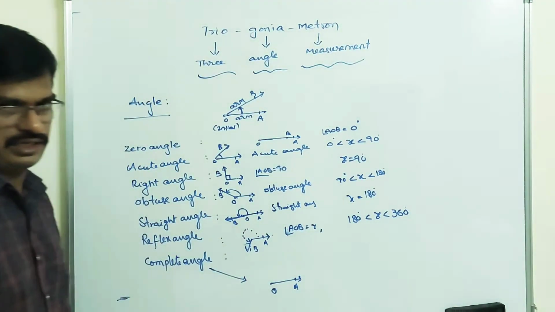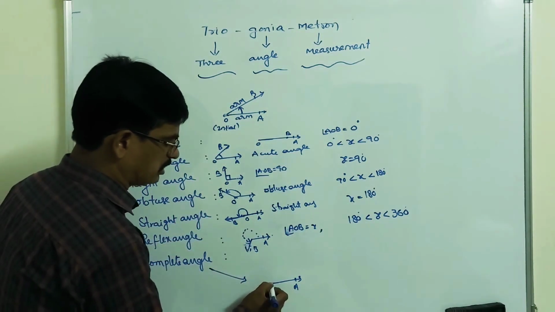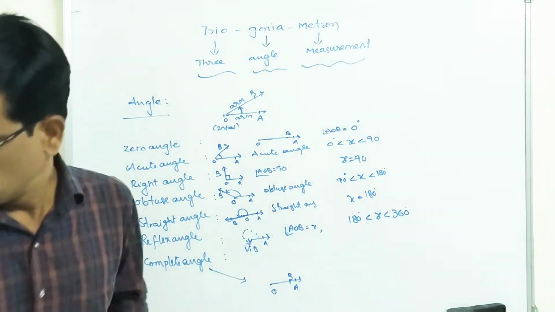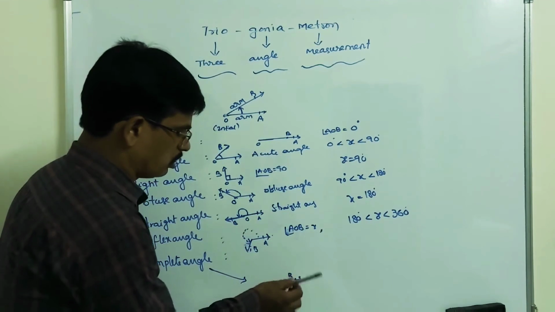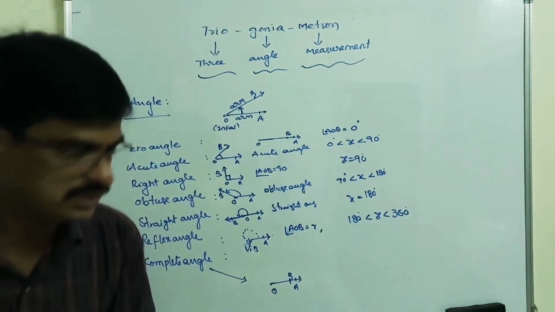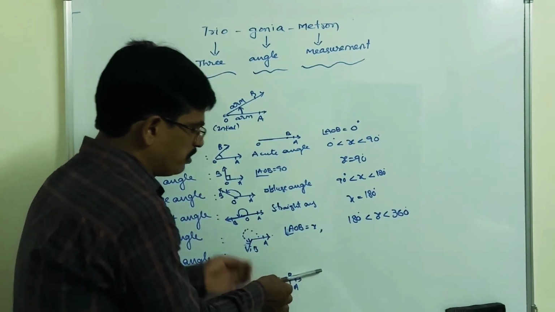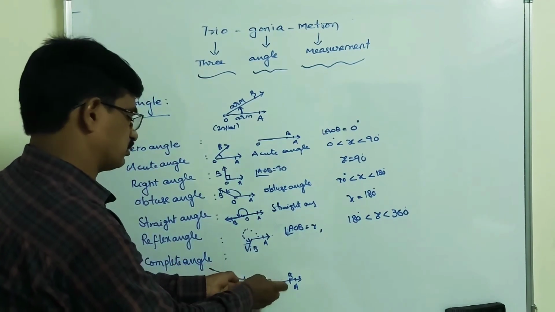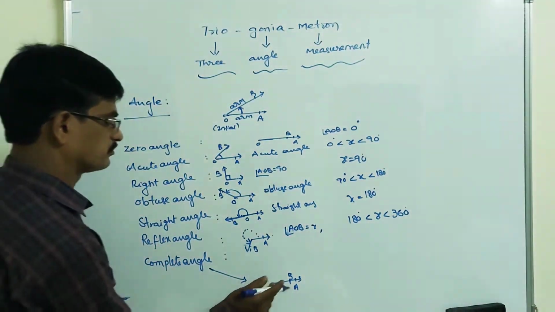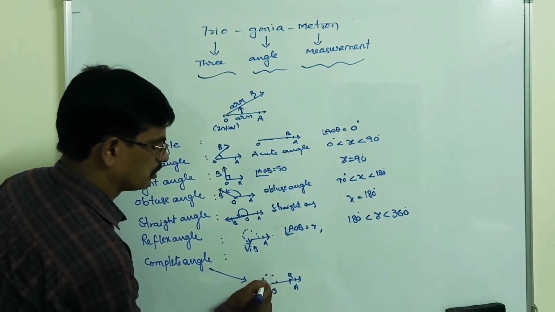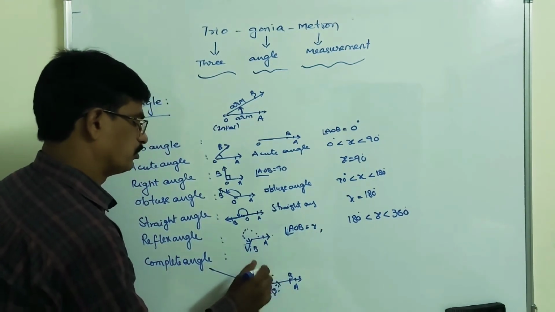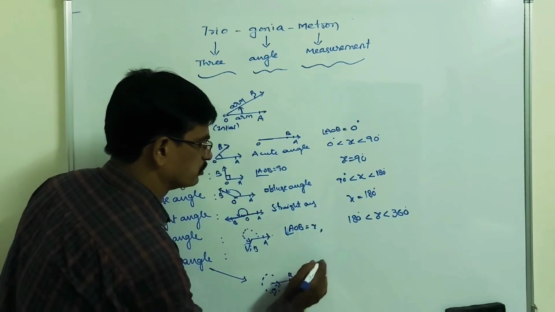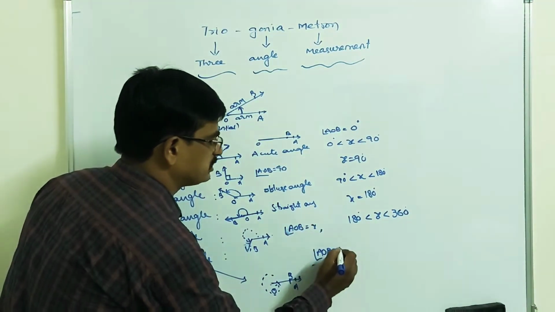Now the complete angle. OA is a ray and OB is another ray. Let us assume that OA is a fixed ray and OB is a terminal ray. OB is rotated like this. After a complete rotation, we get angle AOB equal to 360 degrees.